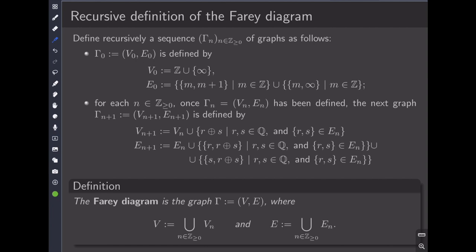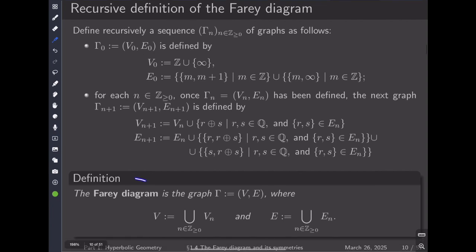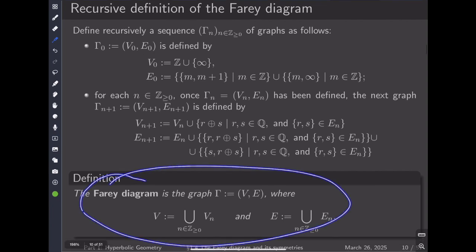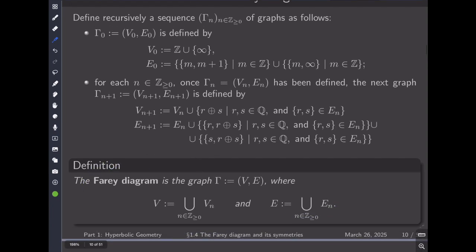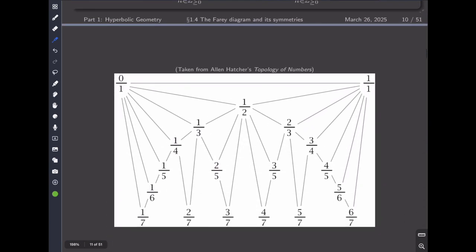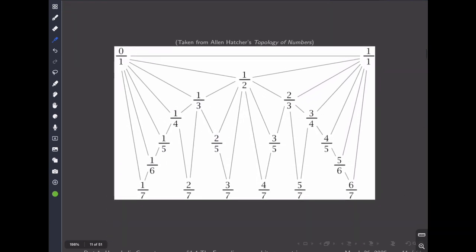If two things are connected, add the naive addition as a vertex and connect the two given vertices to that one. We saw already an animation. The Farey diagram is what we obtain in the limit. So this is just a reminder of how the process goes.